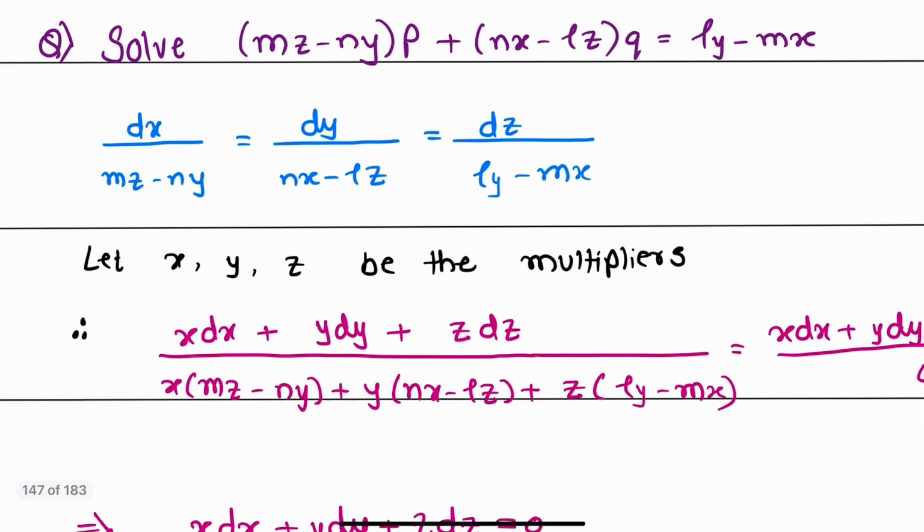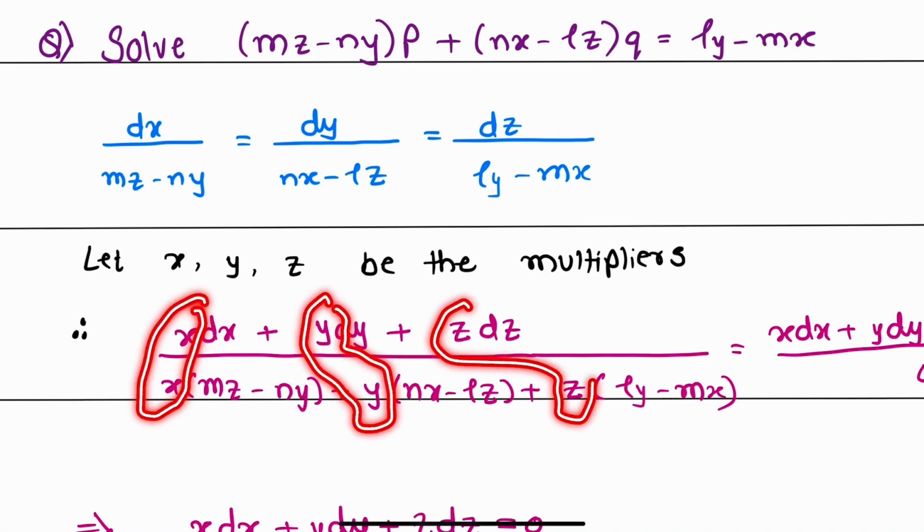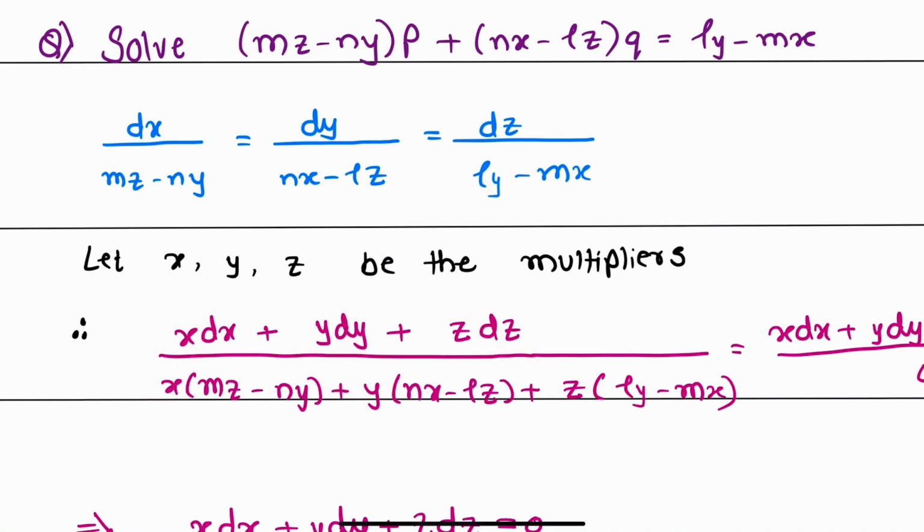I have multiplied the first ratio by x, second by y, and third by z. Once we add them, x into mz, and here we have z into minus mx, so it is minus mxz, and here we have plus mxz. These two will get cancelled out.